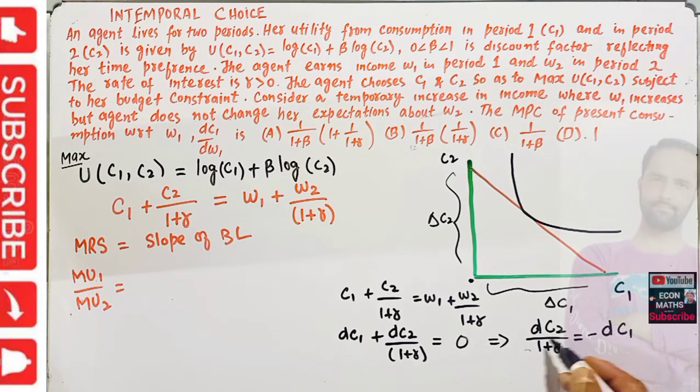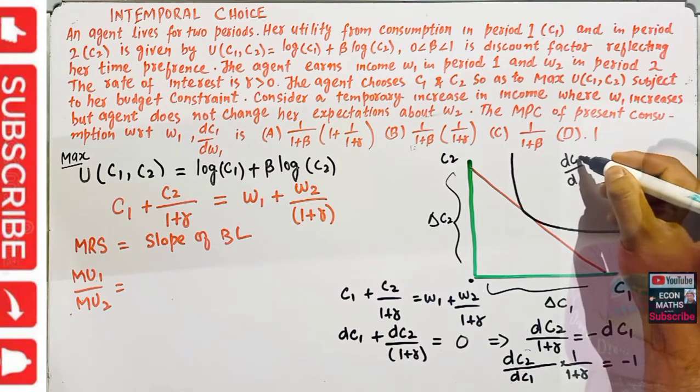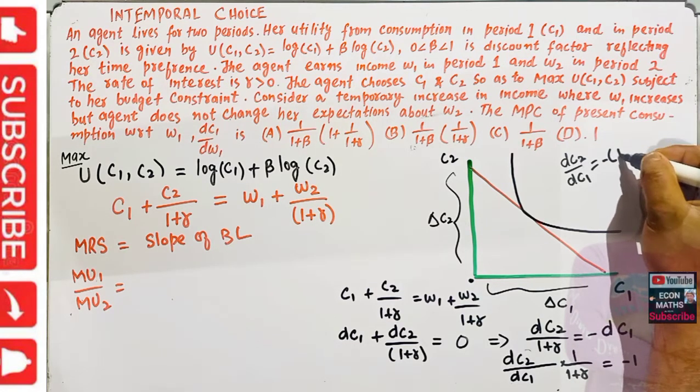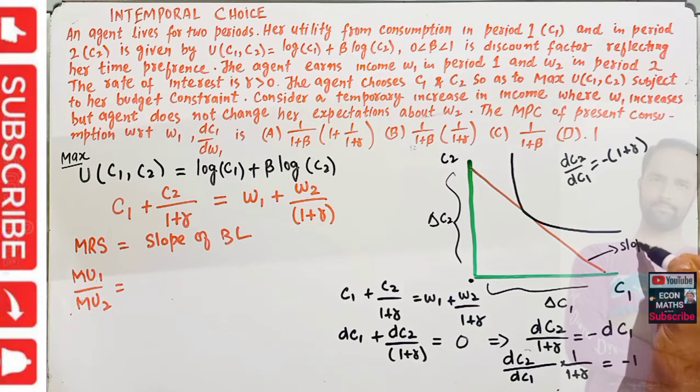That means if I transpose this dC1 again here, I will get dC2 upon dC1 is equal to minus 1 plus R. So let me write it here, dC2 upon dC1 is equal to, if I transpose it, minus 1 plus R. This gives us the slope of the budget line, and we take the absolute value, so we remove this negative sign.